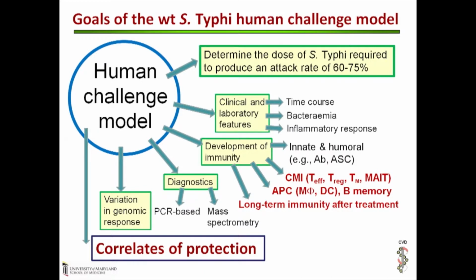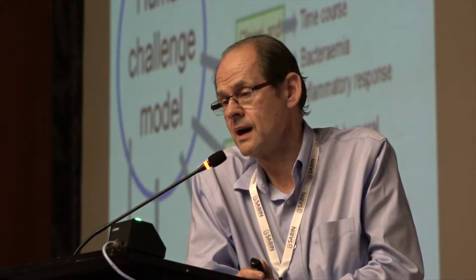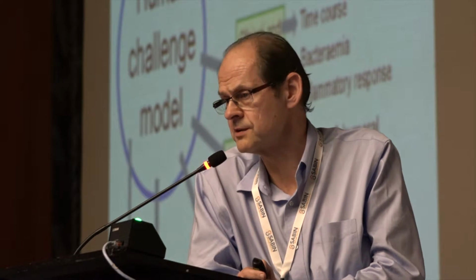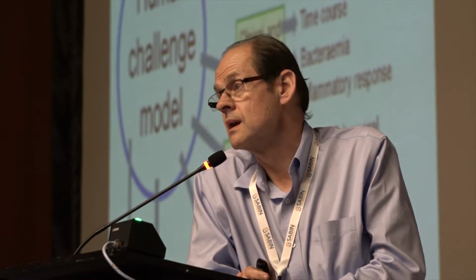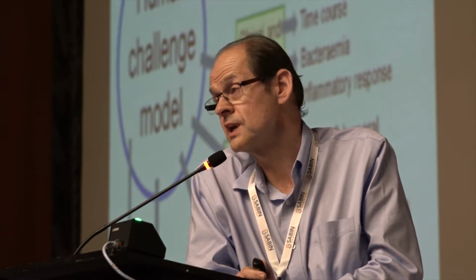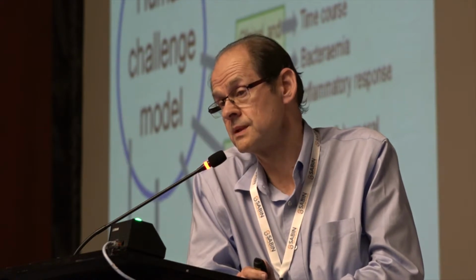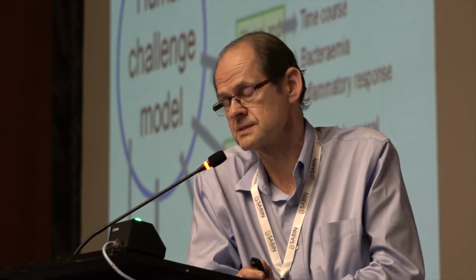So the only thing I will mention in this human challenge model slide is that I focus our efforts in trying to identify the correlates of protection by studying cell-mediated immunity, and this is the T effector, the T regulatory cells, for which no data existed, T memory cells, MAIT cells, antigen-presenting cells, both macrophages and B memory cells, and to study, if possible, long-term immunity after the volunteers were treated with antibiotics.